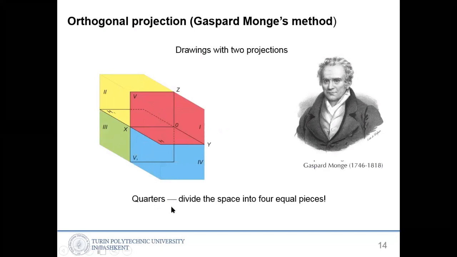Quarters divide the space into 4 equal pieces. By changing these planes, he represented on the page, just normal 2-dimensional space, the 3-dimensional shapes. Okay, so he generated this kind of method: drawings with 2 projections.